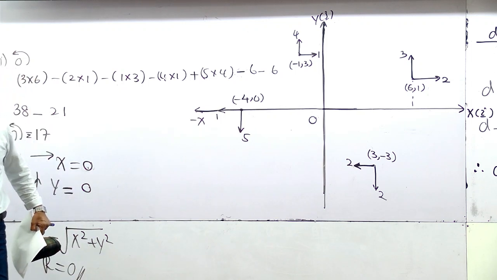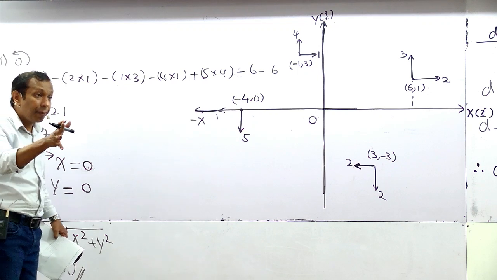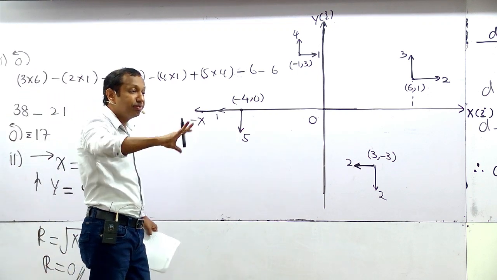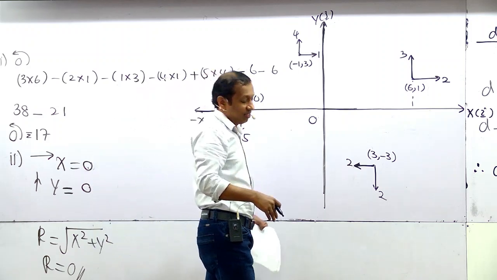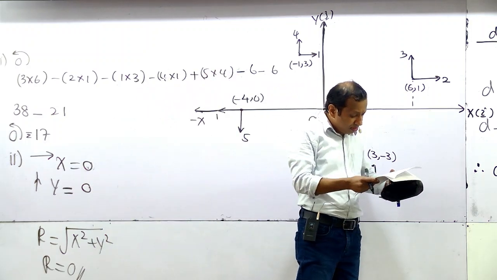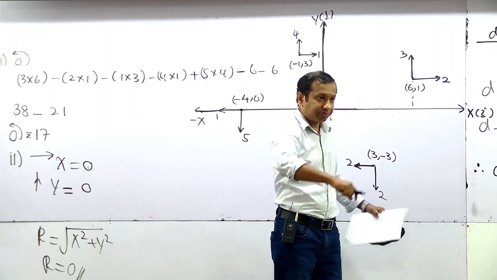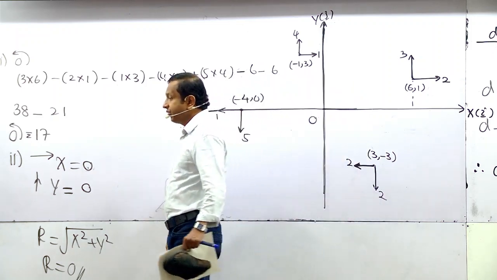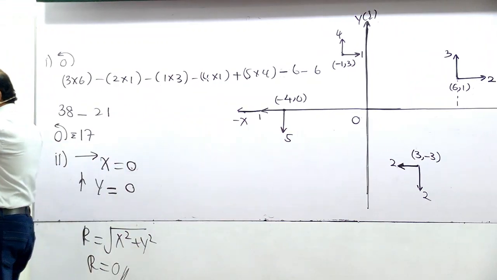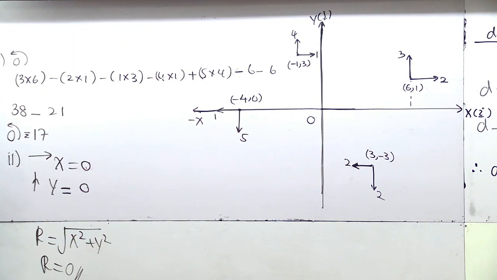A couple is purely a moment without a resultant. Yes. What is it asking next? Show that the system reduces to a couple. Write down: the system of forces has no resultant force.